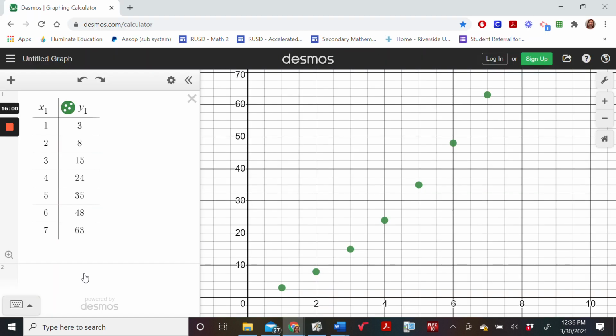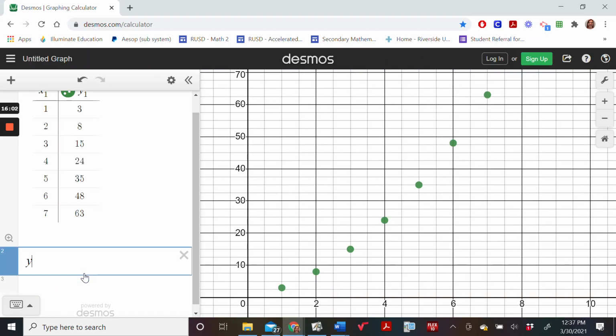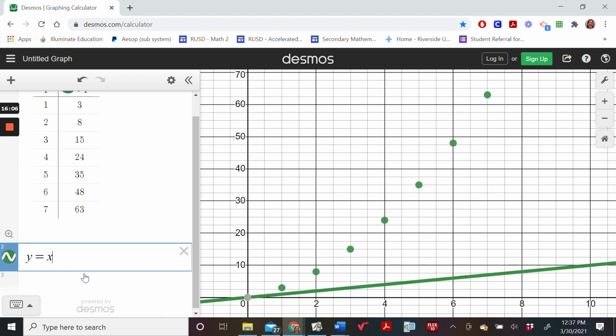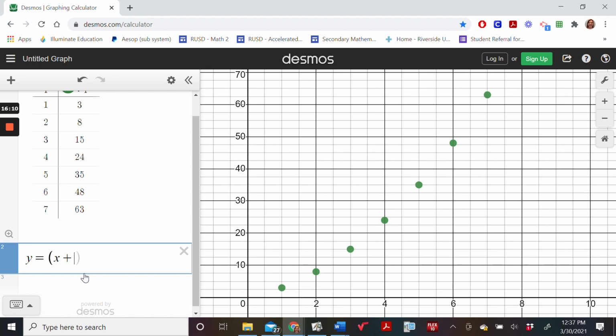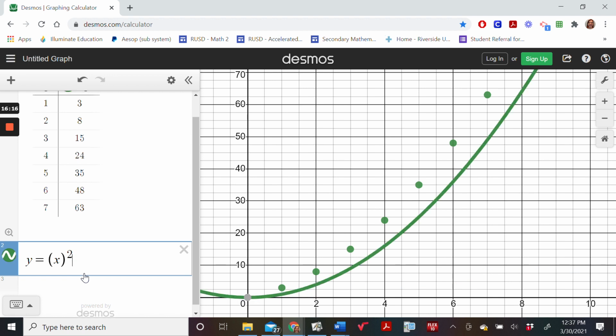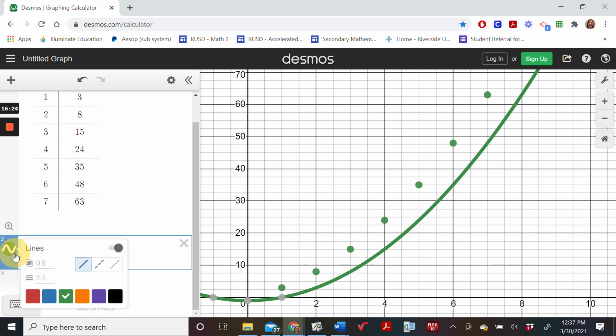Okay. So, y equals x, parentheses, x plus x squared minus 1, you can see is off. It's not the correct set of data.